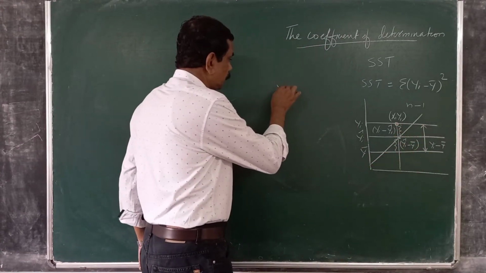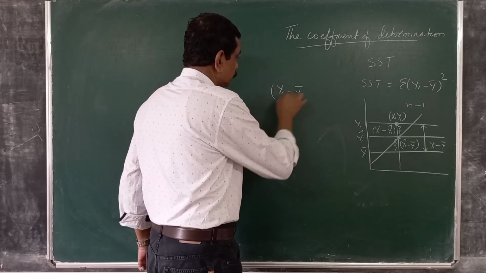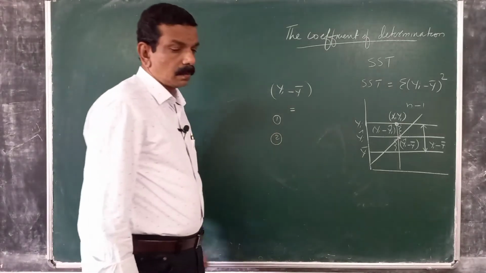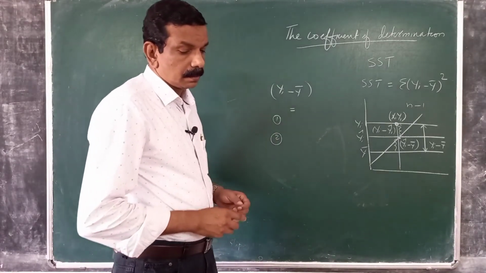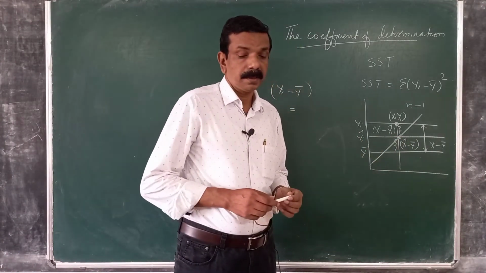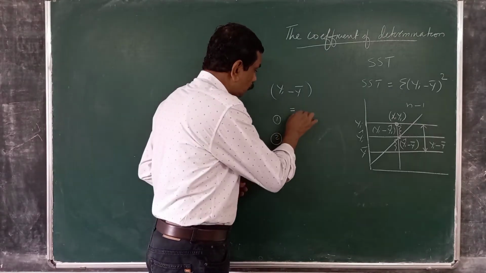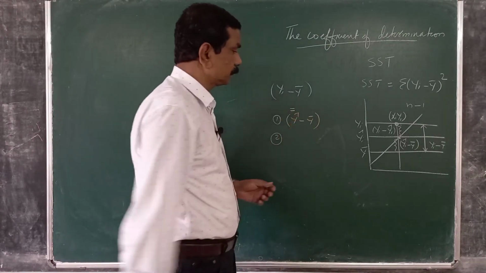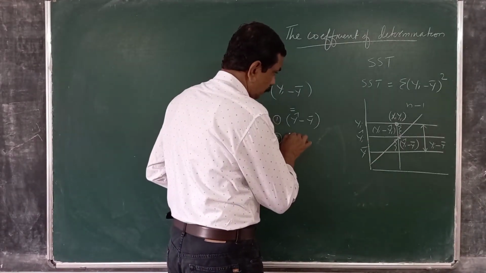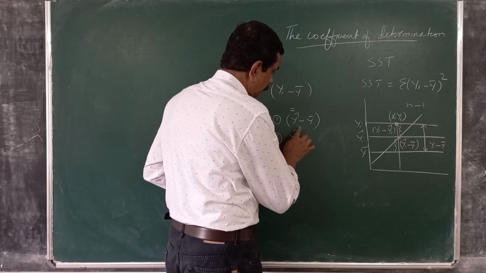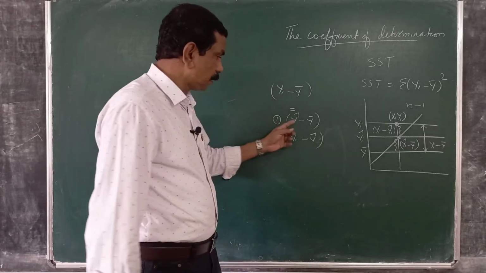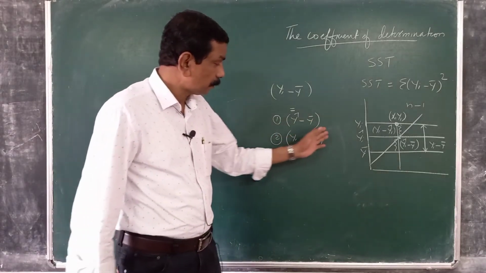One is the variation explained by the regression line, that is y hat minus y bar. The other part is the unexplained deviation, that is yi minus y hat.